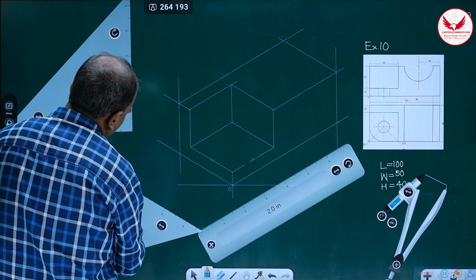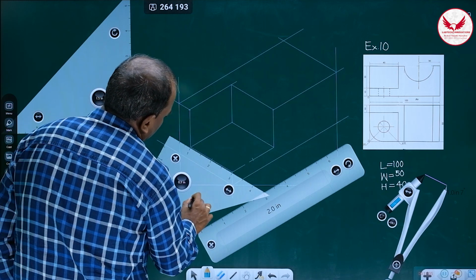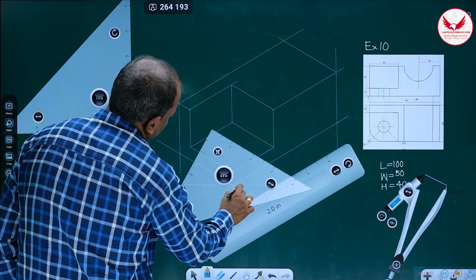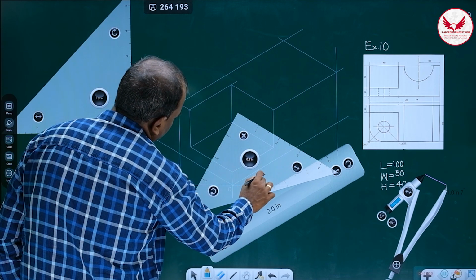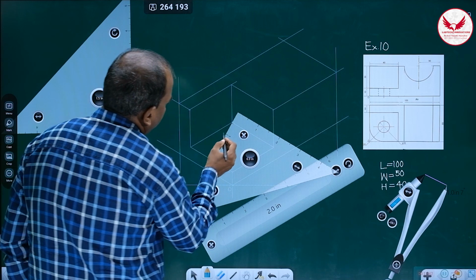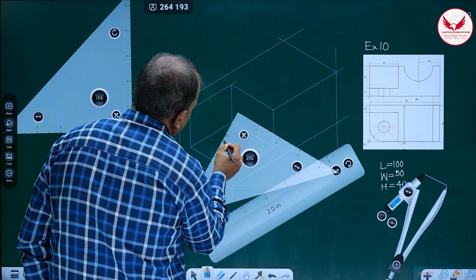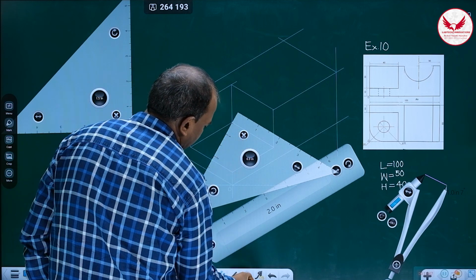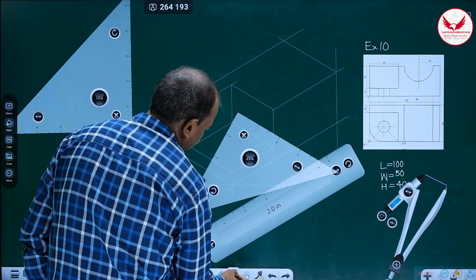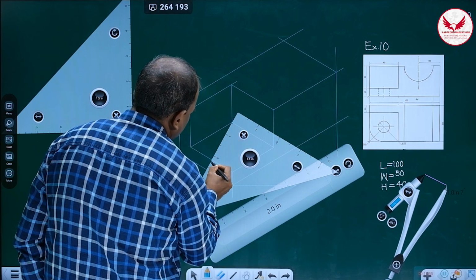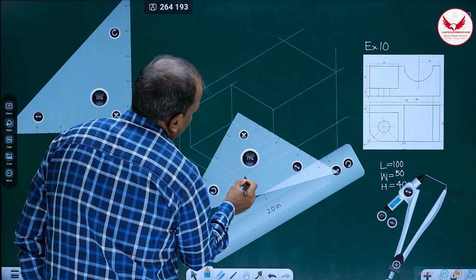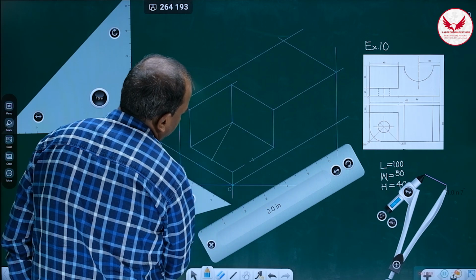Then after that, what you have to do? From these 2 points, drop the perpendicular lines. Like this. So this line will be perpendicular to this.